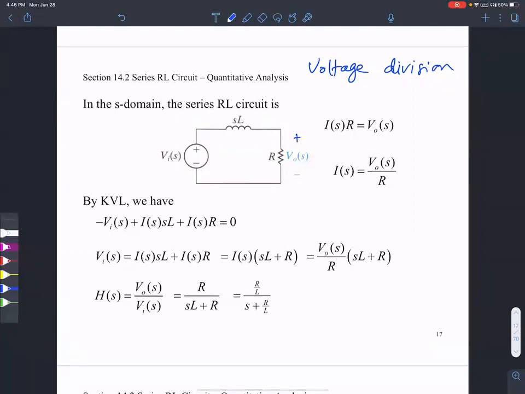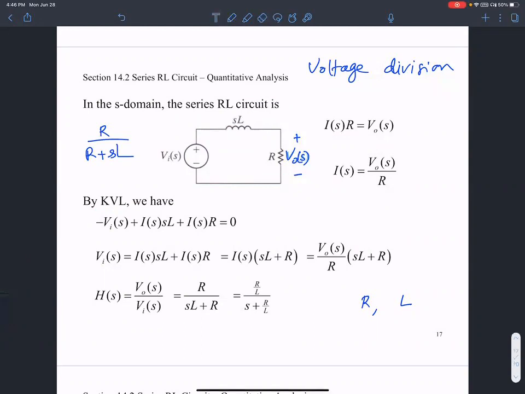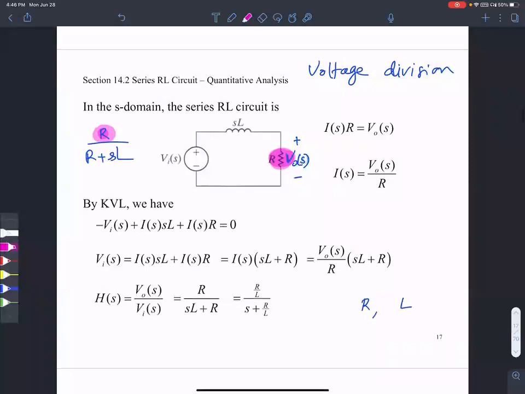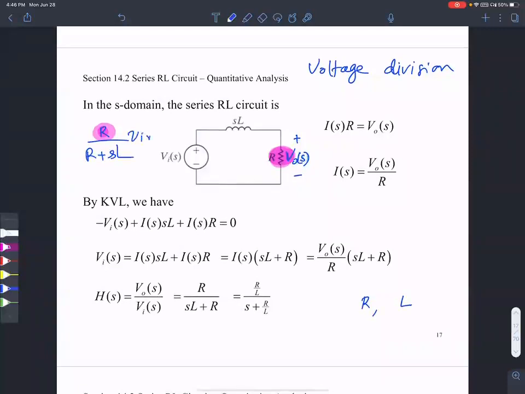If you're interested in finding the V output of S, that clearly is a voltage division between R and L. You can write the KVL or simply use the voltage division R by R plus SL. The total impedance is the sum of those two, and then V in times this gives V out.